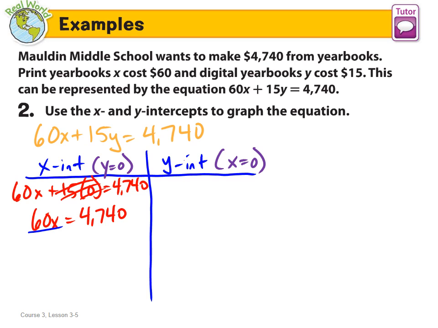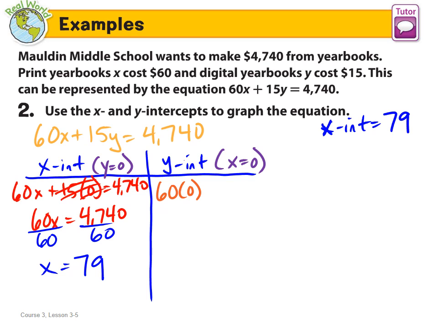I'm going to divide to isolate my variable of x. So I take 4,740 divided by 60. That gives me 79. So my x-intercept is 79.